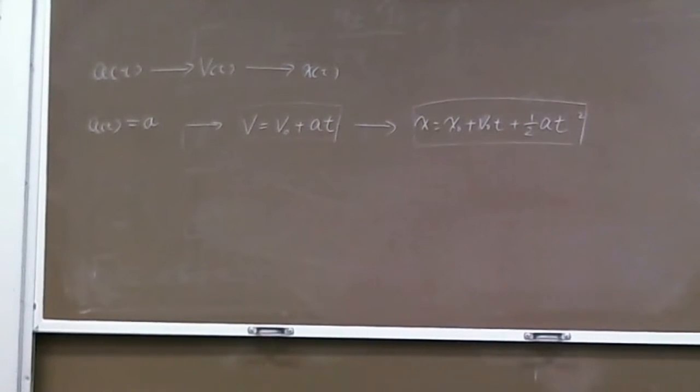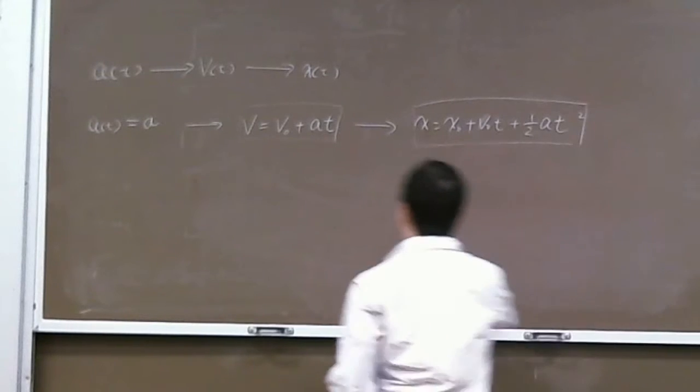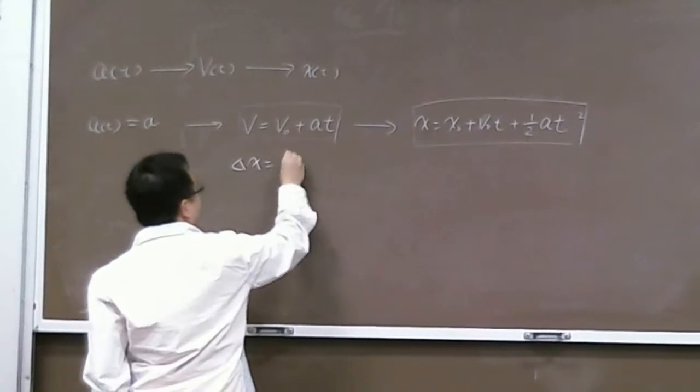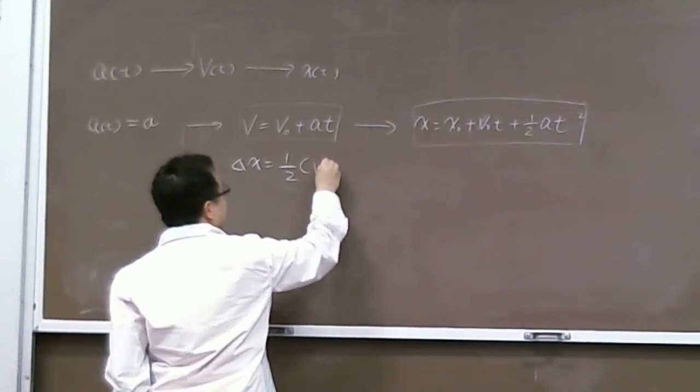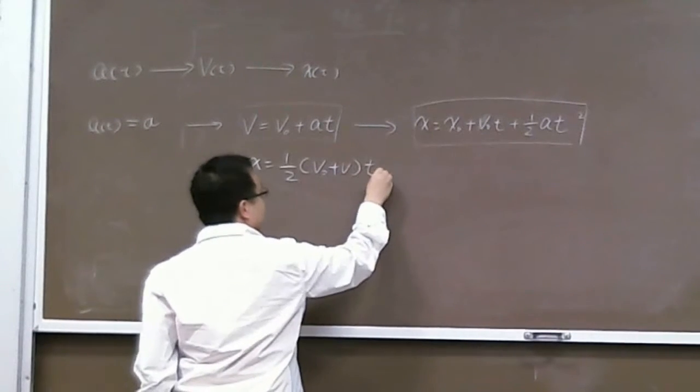Okay. Now, one comment I would like to add is that, in fact, from this equation, you can also show this: the average velocity equals 1/2 (v naught plus v). Okay. You can show it from here because delta x equals 1/2 (v naught plus v) multiplied by t.